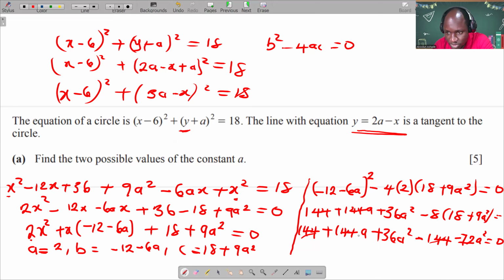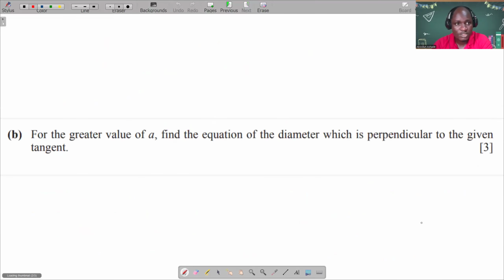That means plus 144a minus 36a squared equals 0. Now, we have 144a minus 36a squared equals 0.